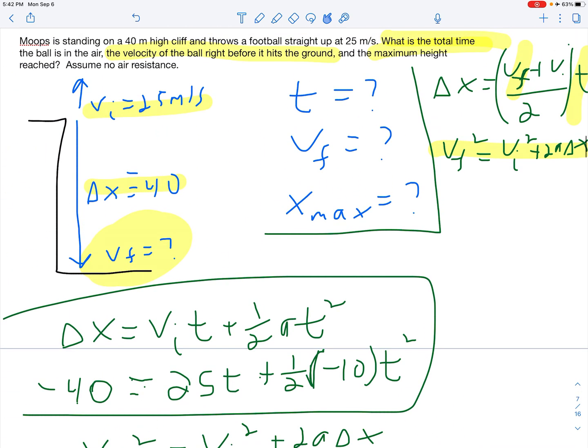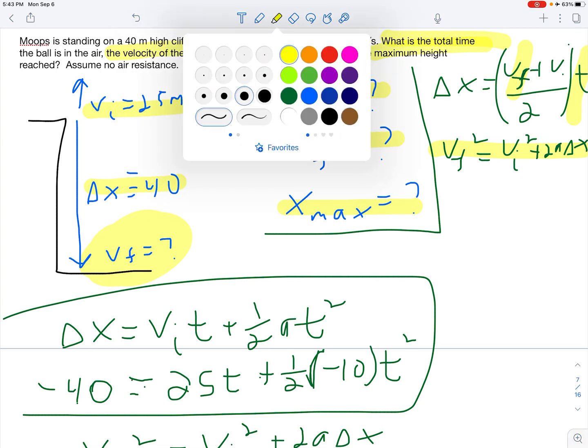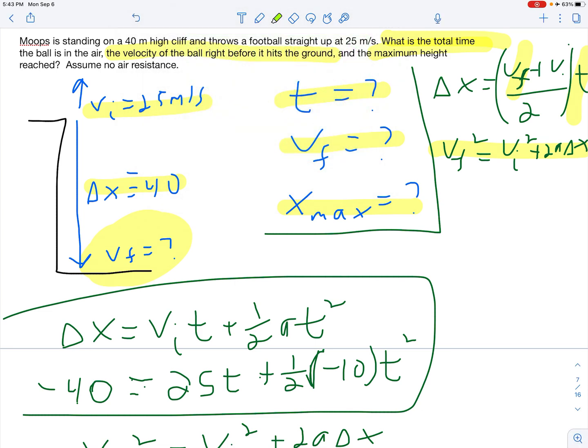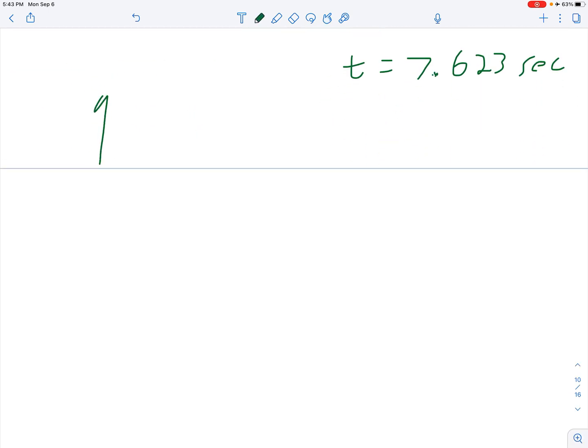All right, so I have my time, I have my VF, I need maximum height. So for this one, I'm going to look at this part right here, going from here to the top. From there to the top, I have a starting velocity of 25.